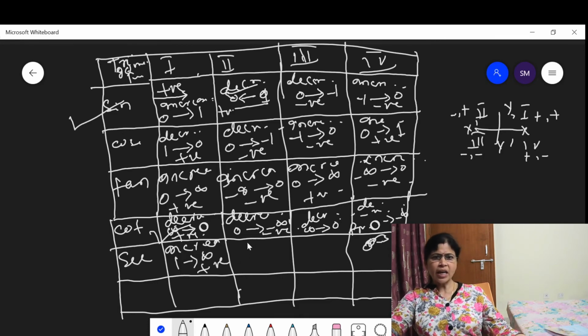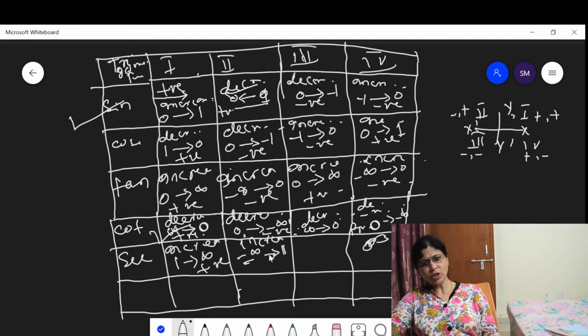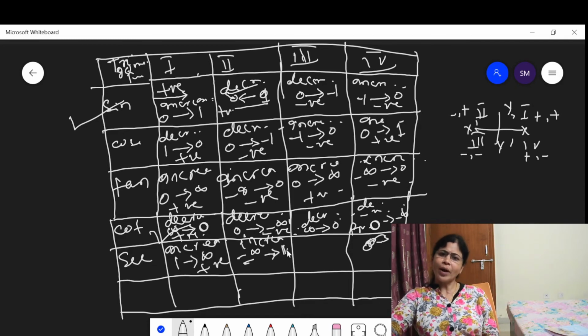In the second quadrant, it is also in increasing form from minus infinity to 1, which means sometimes positive and sometimes negative, because from minus infinity up to 0 is negative value and 0 to 1 is positive value.